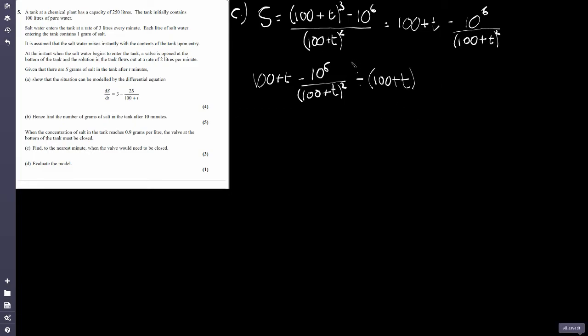Well, this would now be the same as me having 1 over 100 plus T times this, just using the rules of division of fractions and division of numbers.